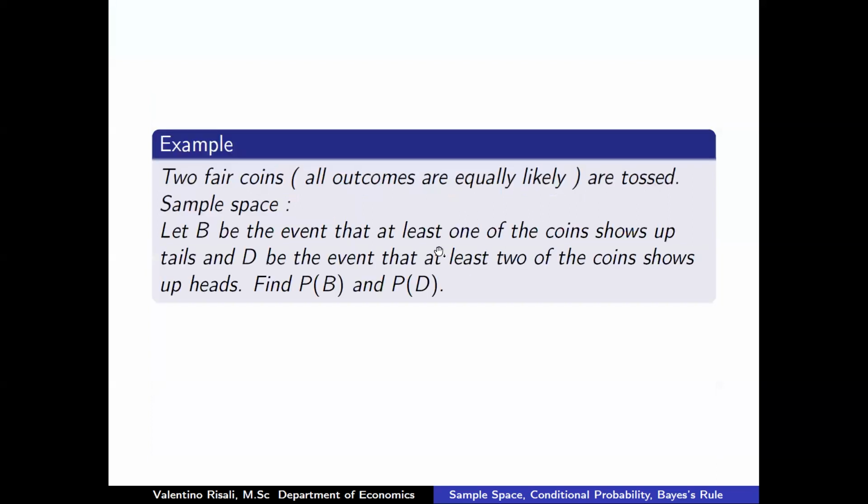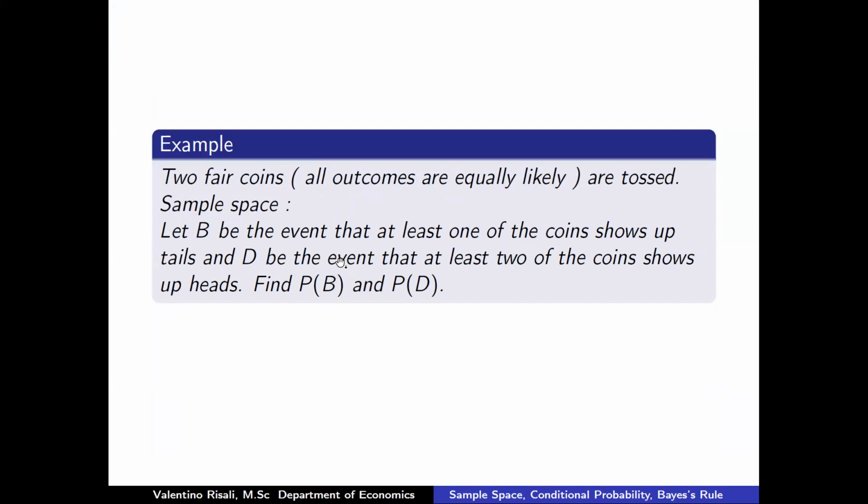Let's move to the next example. We toss 2 fair coins, and let B be the event that at least one of these coins shows up tails, and D be the event that at least two of the coins show up heads.